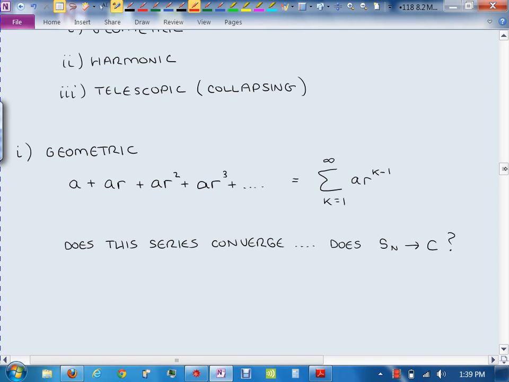Would it start at 0? If a is 1, it starts at 1. But then wouldn't it just be 1 minus 1? Yeah, 1 minus 1, but r to the 0 is 1. That way you only have a. It just depends on what your r value is. That's right. It is going to depend on r.